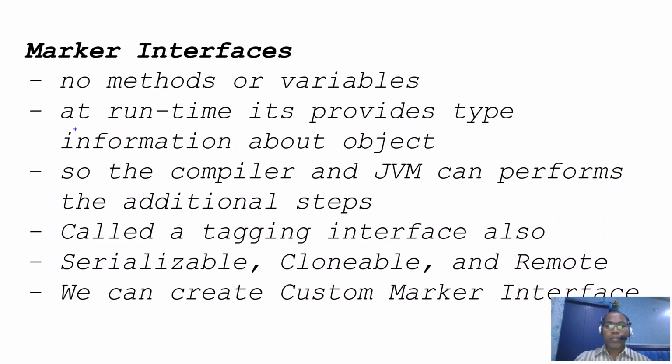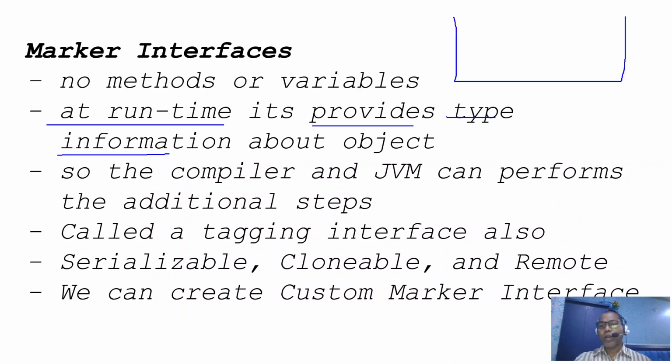The use case is that at runtime, a marker interface provides type information about the object. Whenever your application is running, for particular objects the JVM or compiler wants to perform some specific set of actions or steps.